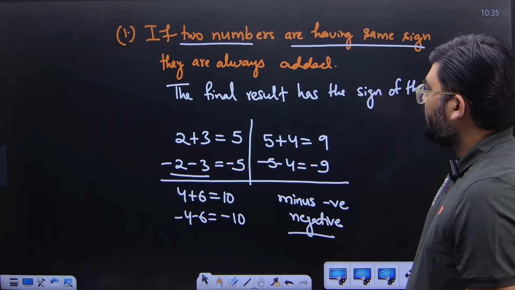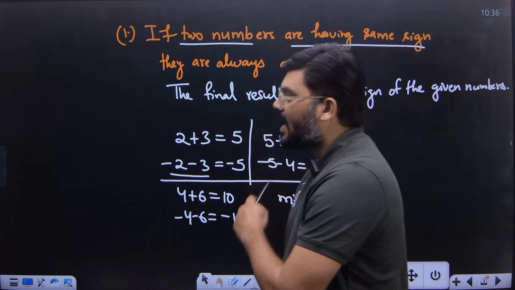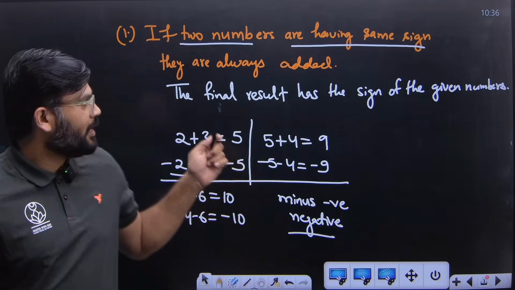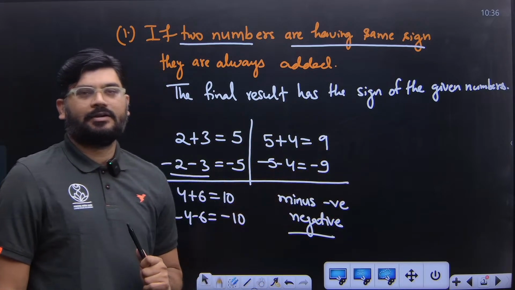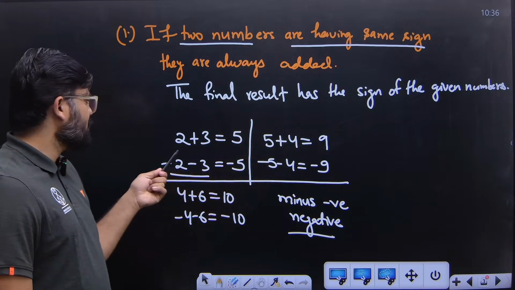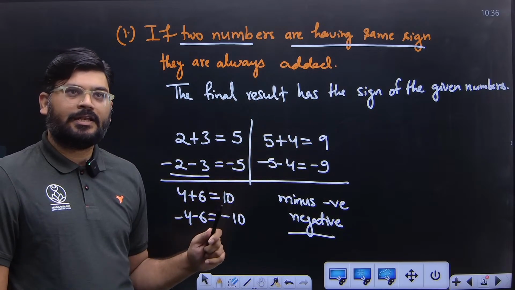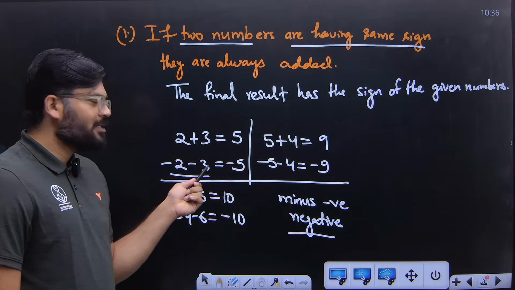These are the two main important points. If two numbers have the same sign, they are always added, and the final result has the sign of the given numbers. We took the example of 2 plus 3, which was 5, and 5 plus 4, which was 9, and the same goes with minus 2 minus 3 is minus 5.